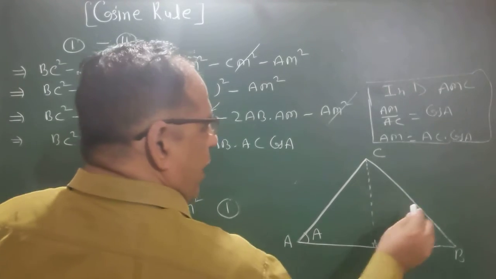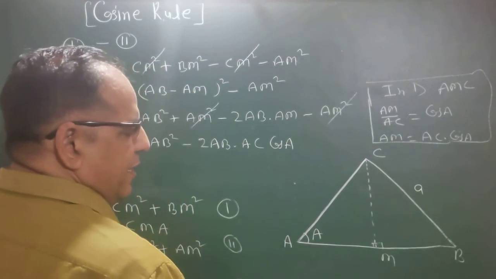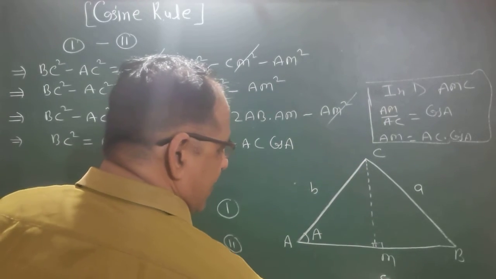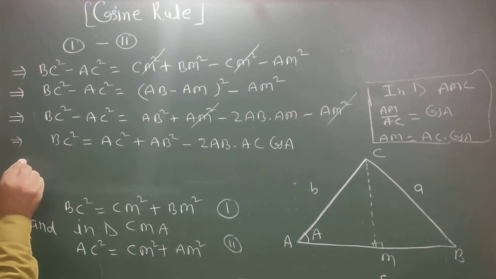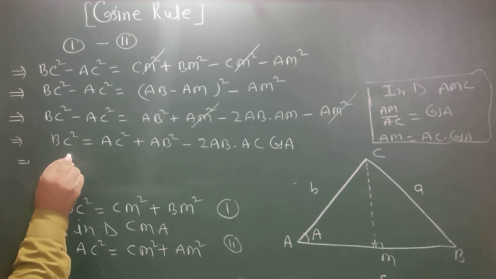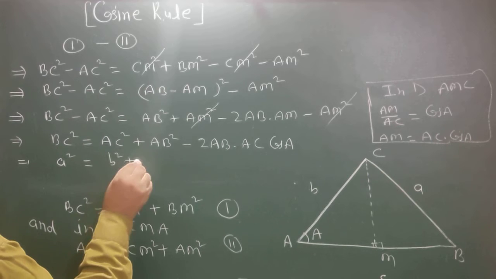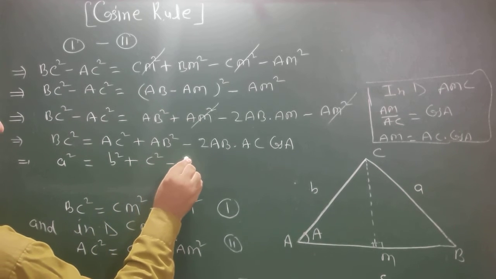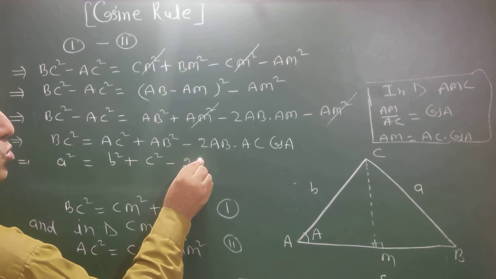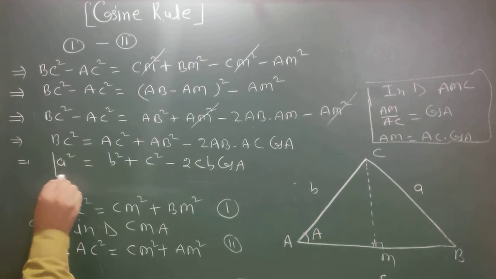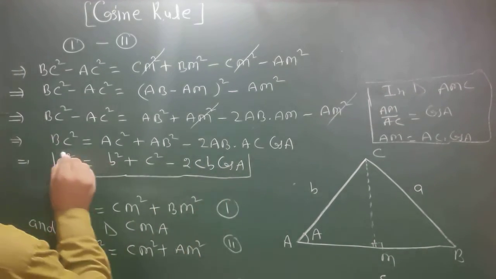Now the side opposite to angle A is given by a, opposite to angle B is given by b, and similarly this side is c. So now BC square is a square, AC square means b square, plus c square minus 2cb cos A. This is the first cosine law.